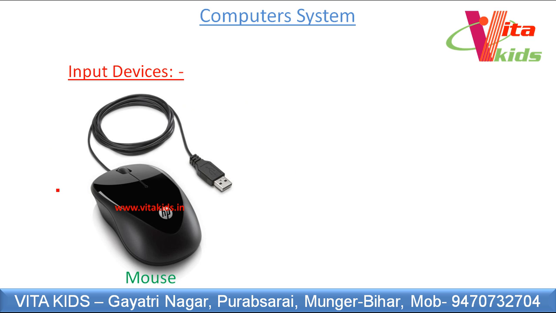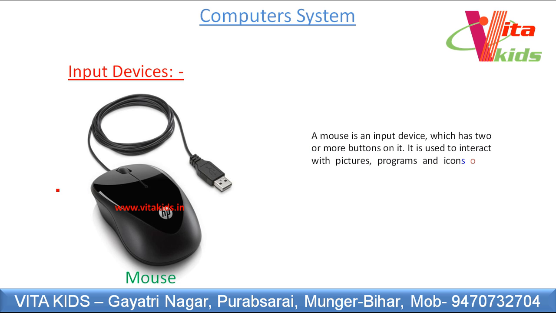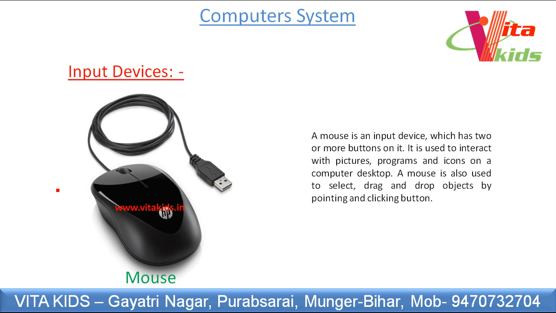Okay, now the next one is the mouse. You have seen the mouse. A mouse is an input device which has two or more buttons on it. It is used to interact with pictures, programs, and icons on a computer desktop. A mouse is also used to select, drag, and drop objects by pointing and clicking. As you are looking here in the mouse, it is the one button, the second button, and the scroll button.